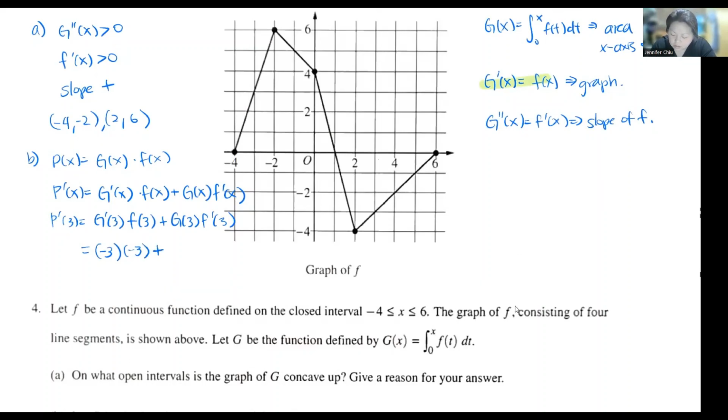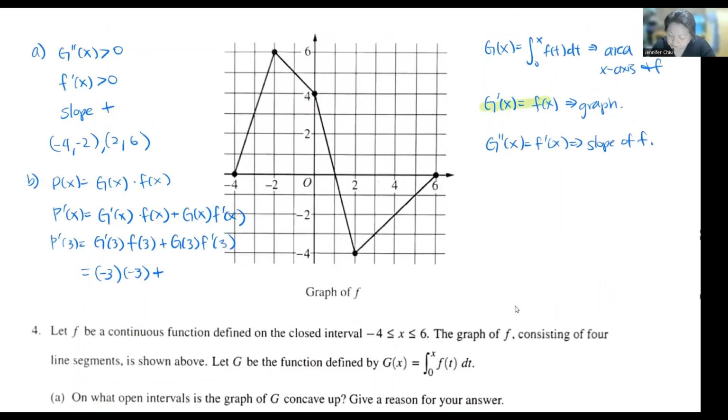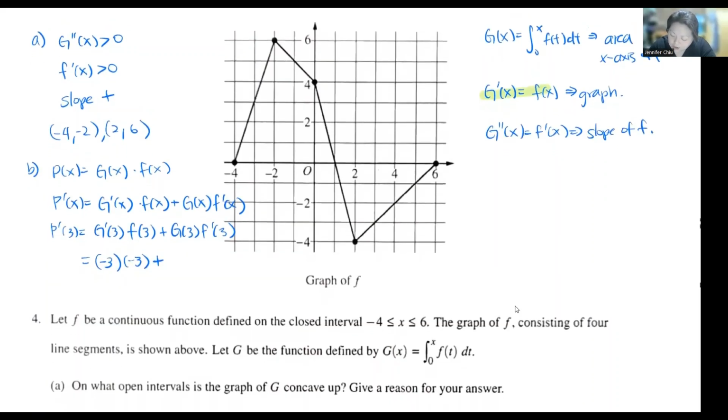Okay, so g of 3, if I look at my definition here, g of 3 means the integral from 0 to 3 of f of t dt. That means I'm looking at the graph, the area between the curve and the x-axis.